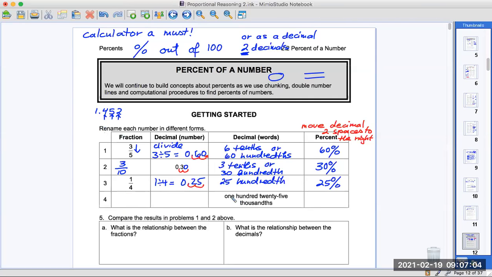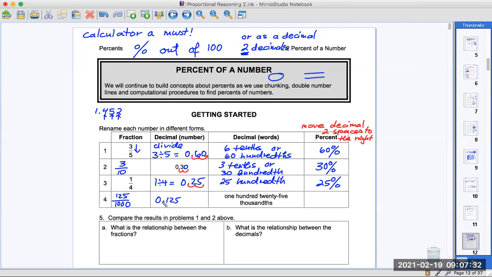And then what do we have? 125 thousandths. So look, thousands is the third. Let me write it in fraction. It's 125 out of 1,000. And that would be, if you divide that using your calculator, 0.125.